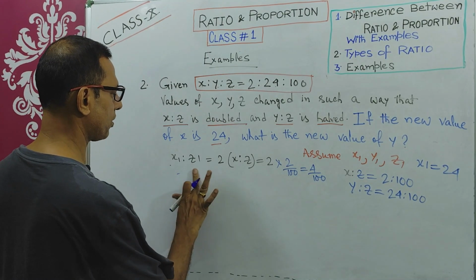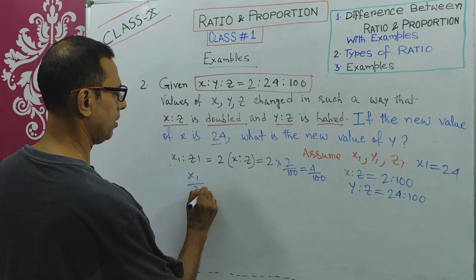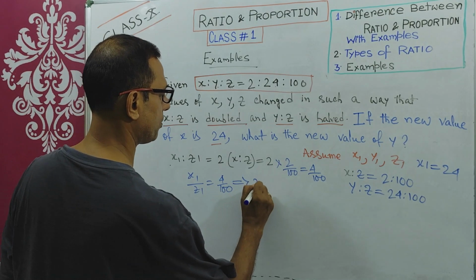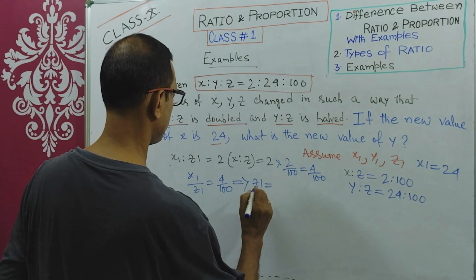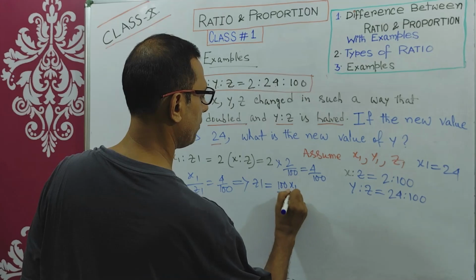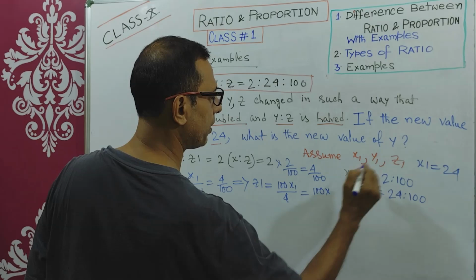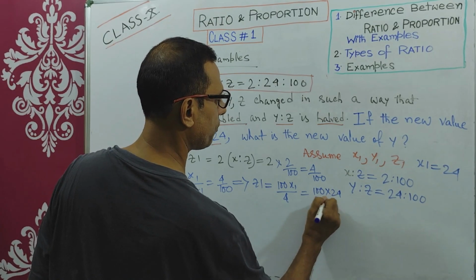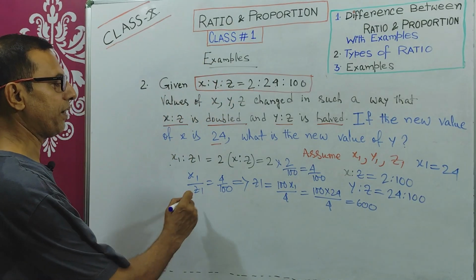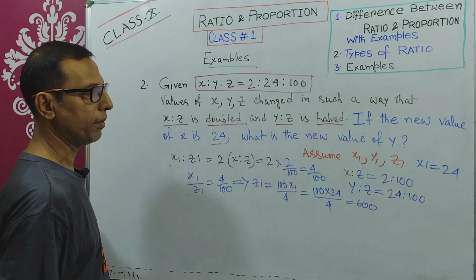From this equation how you can find out? So x1 by z1 equals to 4 by 100. So from here you can find out z1 equals to 100 into x1 by 4, x1 is 24, 24 by 4 equals to 600.